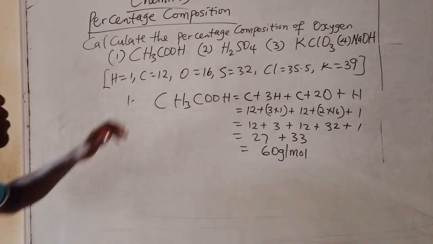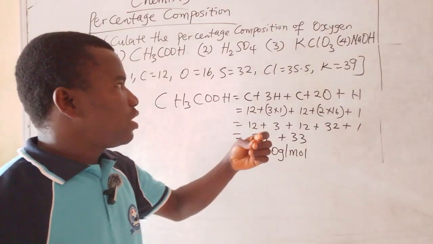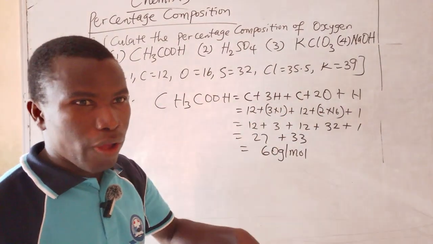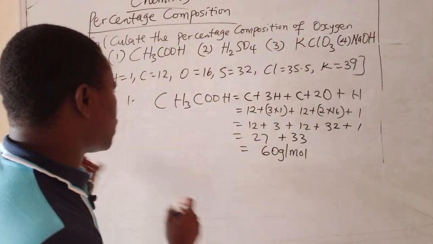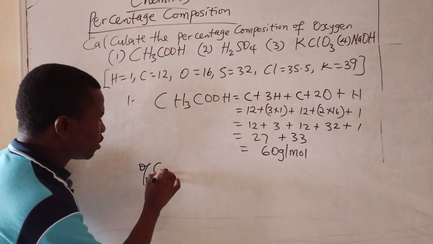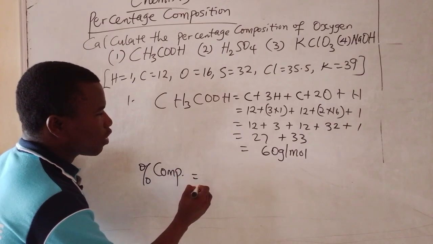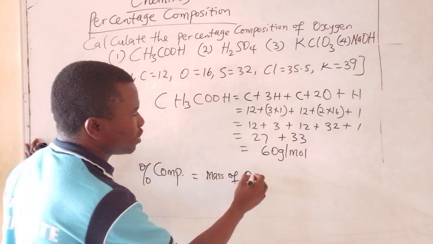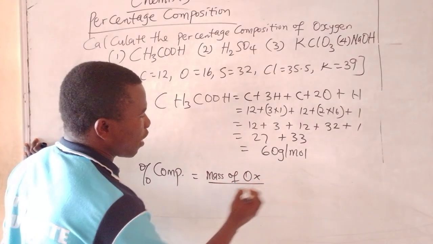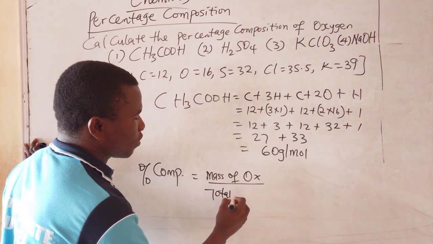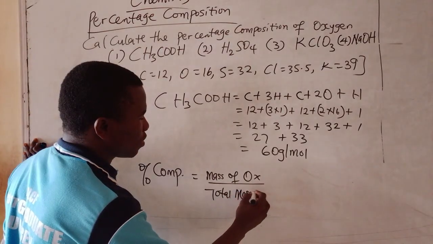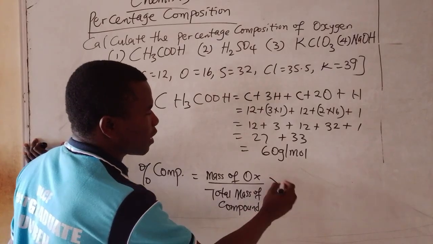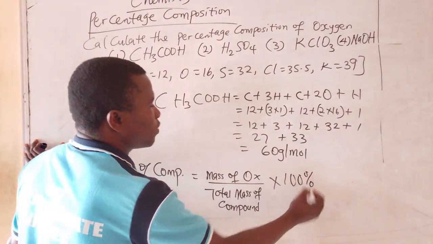So now to get the percentage composition of oxygen, take note we have 2 atoms of oxygen in the compound. The formula is: percentage composition is equal to the mass of the element in question, oxygen, over the total mass of the compound, times 100%.